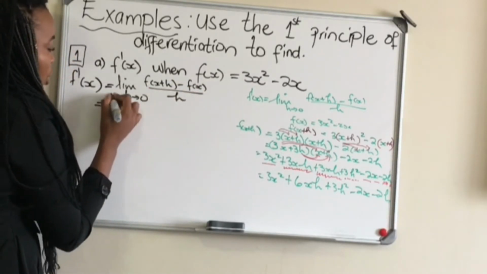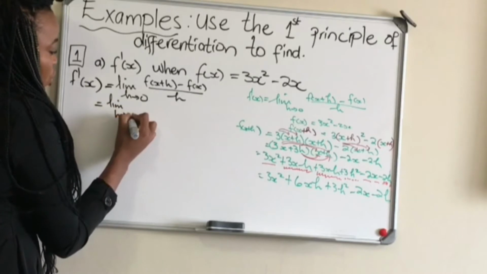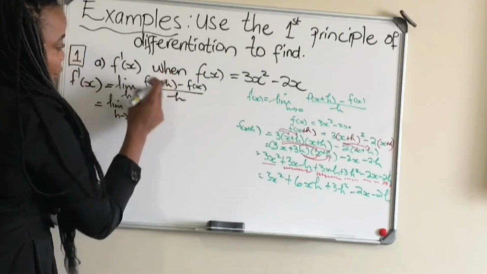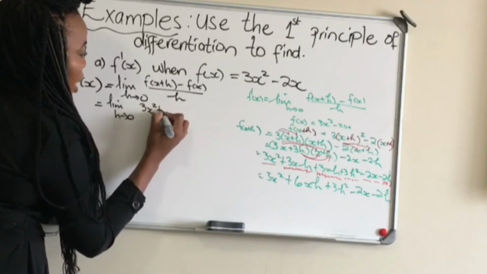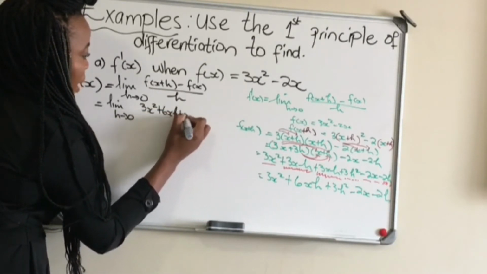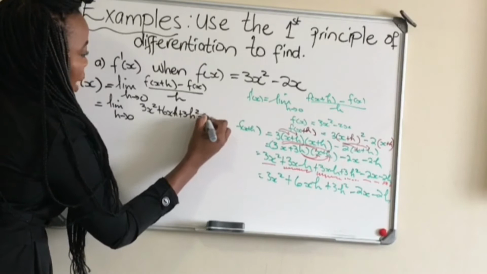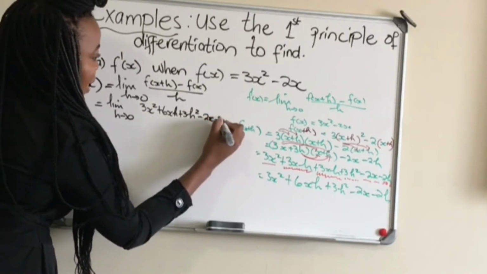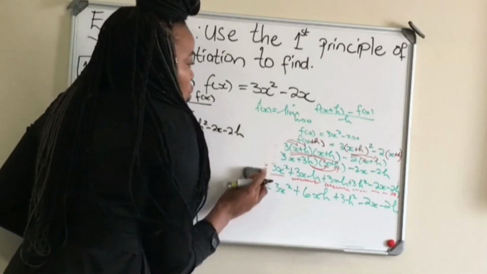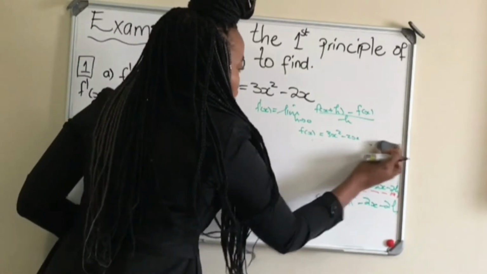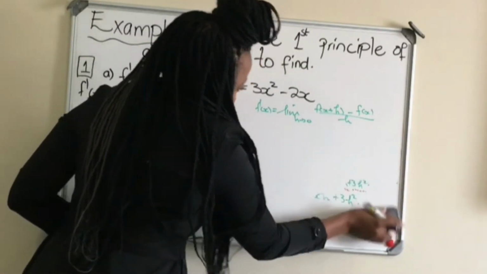So now we know it's the limit as h goes to 0. We know now that f of x plus h is this one. So we have 3x squared plus 6xh plus 3h squared minus 2x minus 2h. So that's what we have, right? Get rid of this because we don't need this. We have already found our f of x plus h.